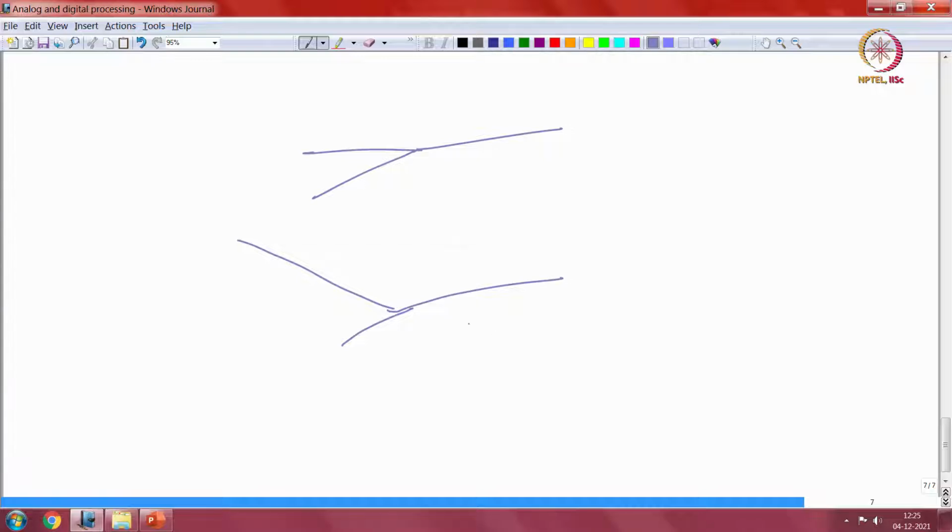Spatial summation is simple. You have a signal here and a measurement here. When you have signal here, we assume that both are positive and both are EPSP. So, we need to clarify that.